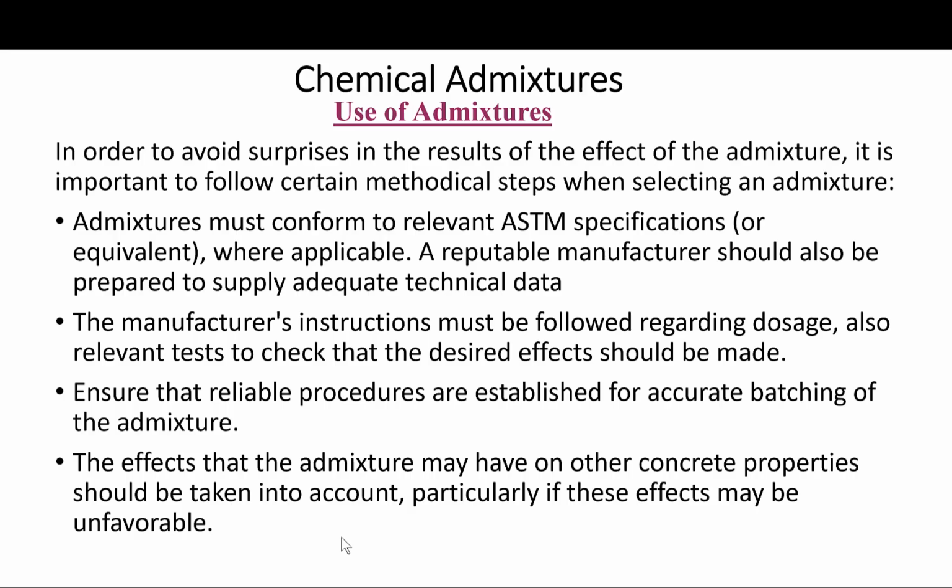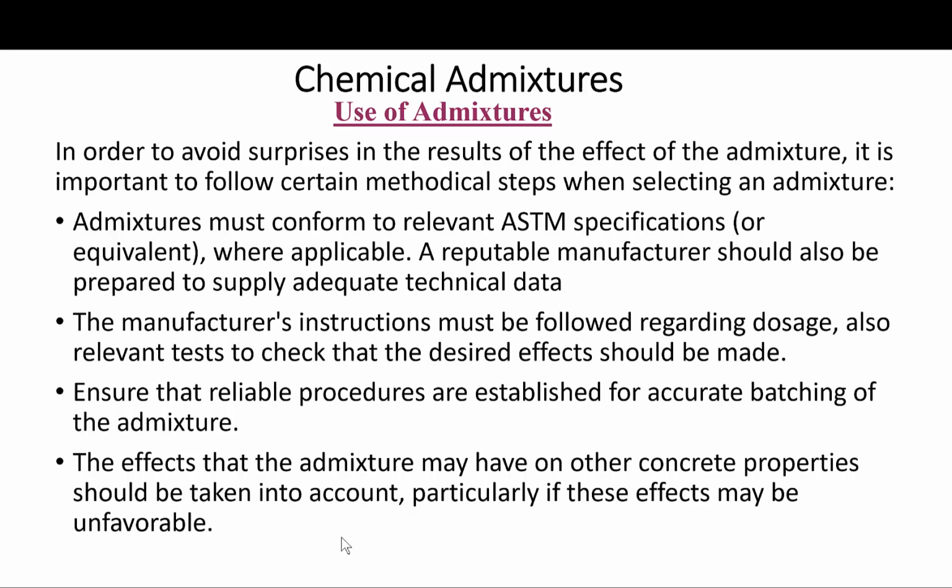This should include, but not be limited to, the following. First, the main effect of the admixture on concrete performance. Second, any additional influences that the admixture may have, whether beneficial or detrimental, they should be stated.